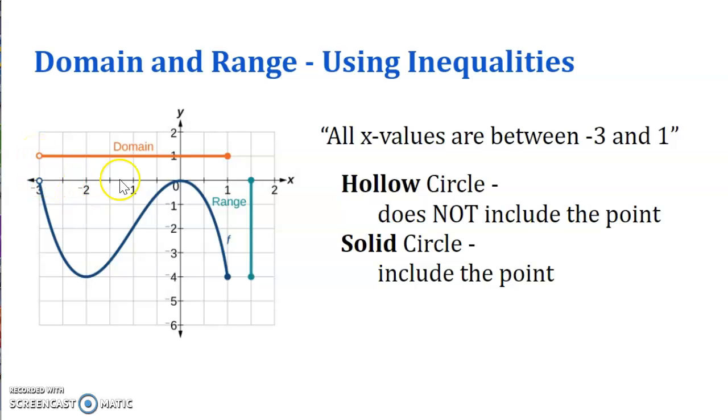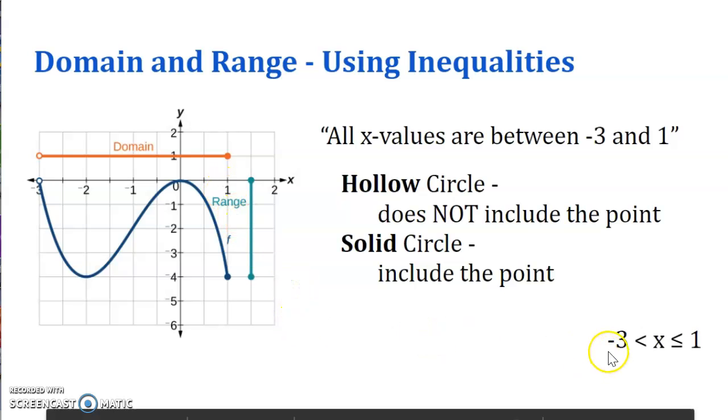No, it does not. Does it include 1? Yes, it does. Okay, so we would indicate that in an inequality like so. It's going to be -3 is less than x is less than or equal to 1. Okay, so the fact that it's not equal to tells me that it's an open circle.